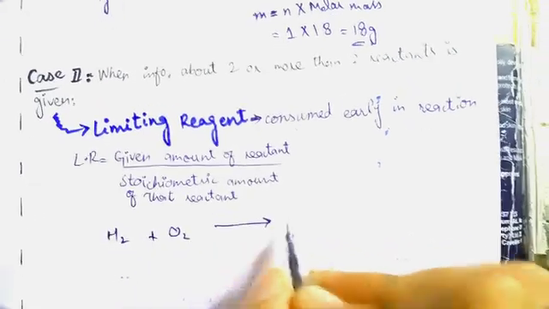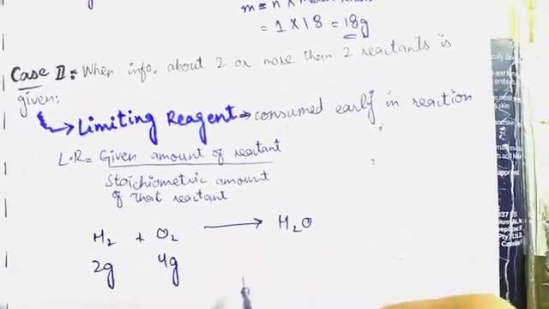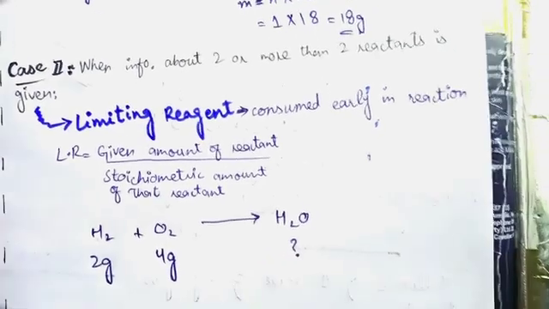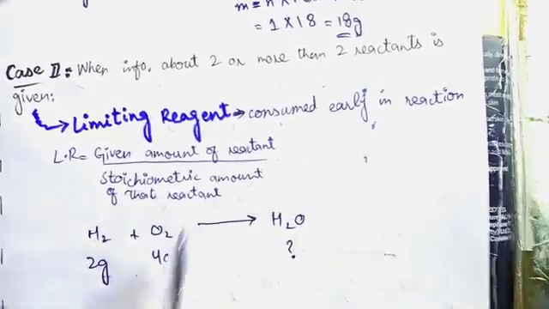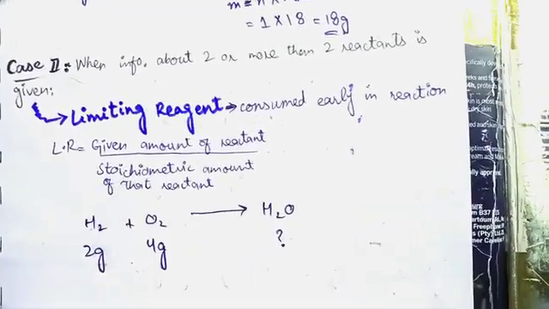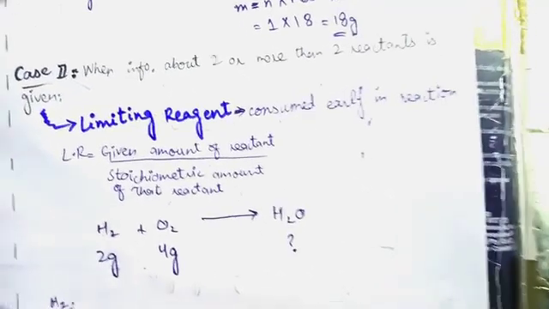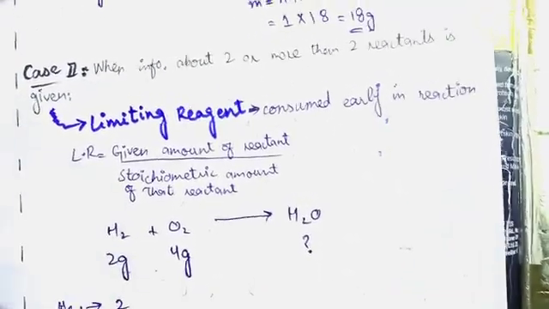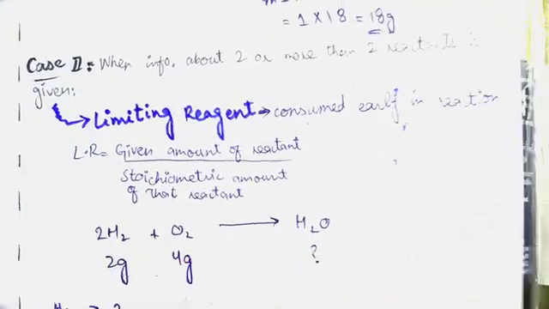Here is the example. It's 2 gram, it's 4 gram. We find the mass of it. We will compare by using the limiting reactant, because two reactants' information is given in this. We use this formula. Given amount of reactant, hydrogen, is 2, divided by the stoichiometric amount of that reactant. Stoichiometric is from the balanced equation.